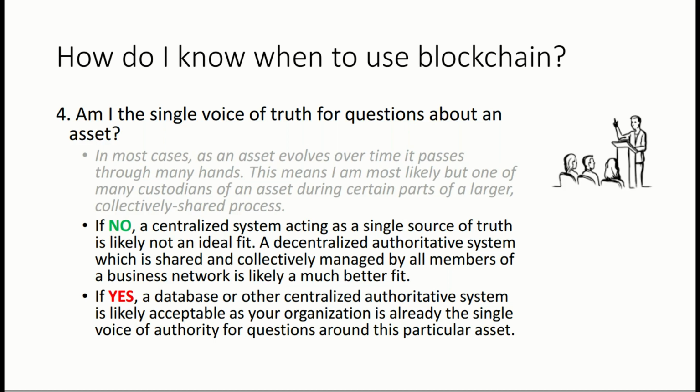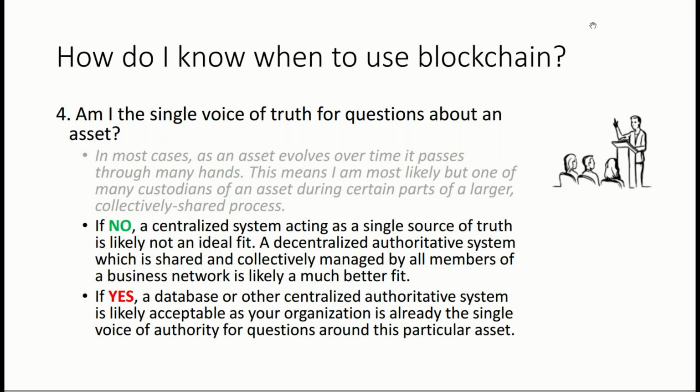But in most of the cases, our answer here is going to be no. And that's where using centralized technology can get really problematic. Think about our iPhone example and how siloed all that information is. That's why all these participants aren't able to answer questions outside of their asset custody range.